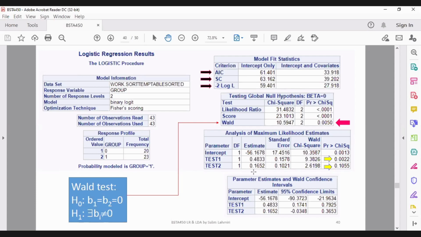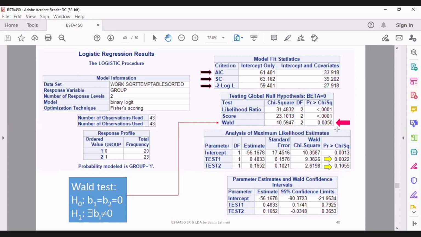Beta 2 is 0.1652. The intercept is significant, and beta 1 is also significant, because beta 0 and beta 1 both have p-values less than 5%. Beta 2 is not significant because the p-value is equal to 0.1055, which is larger than 5%.